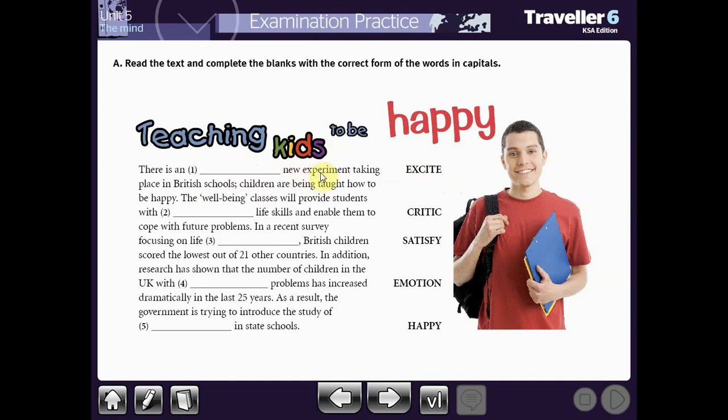Okay? And before we have studied the ed adjectives and ing adjectives, if you remember. What is the difference between ed adjectives and ing adjectives? Adjectives that end in ed generally describe emotions. They tell us how people feel.